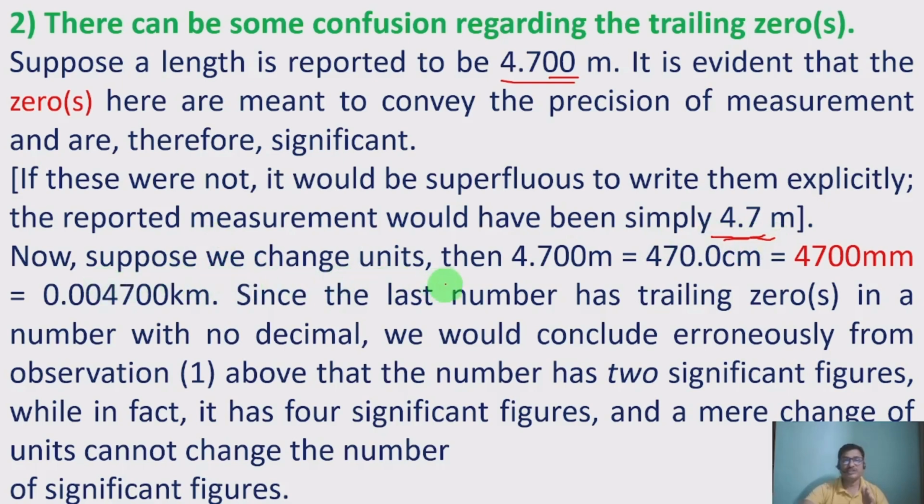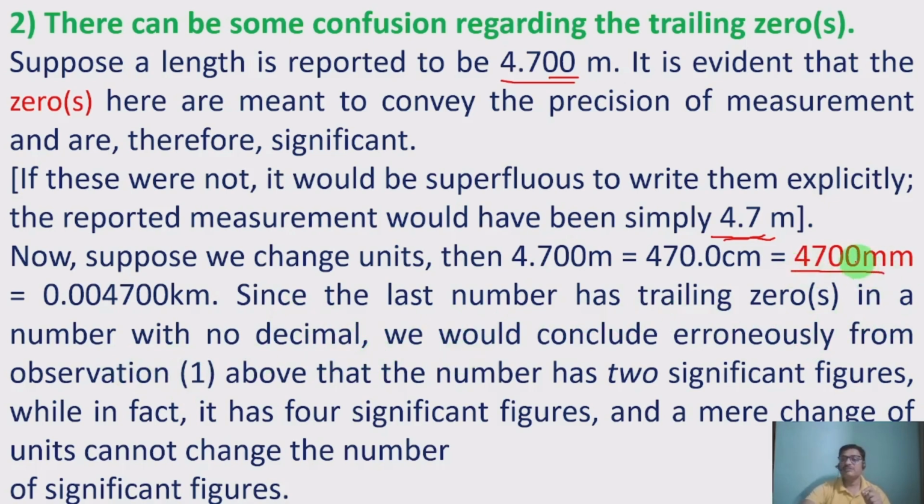Now suppose we change units. Then 4.700 meter equals 470.0 centimeter, which equals 4700 millimeter, or 0.004700 kilometer. In this one, the last number has trailing zeros in a number with no decimal.